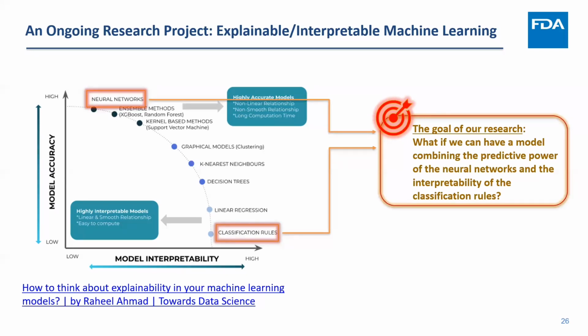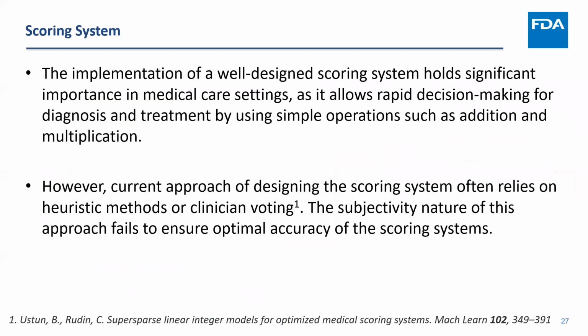Some bad consequences of an algorithm can be very severe. For example, a patient may die because of your wrong recommendation. So in that case, we prefer interpretability over performance.